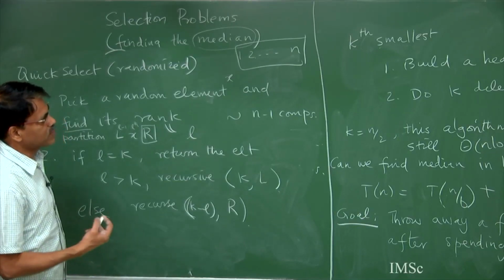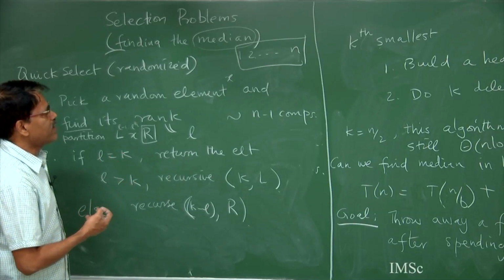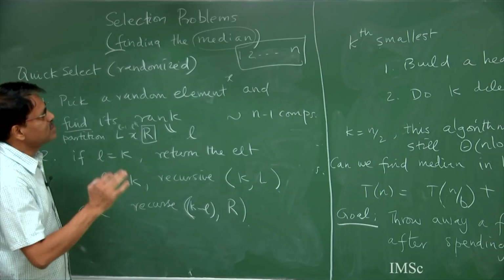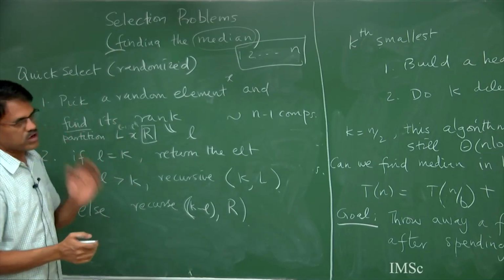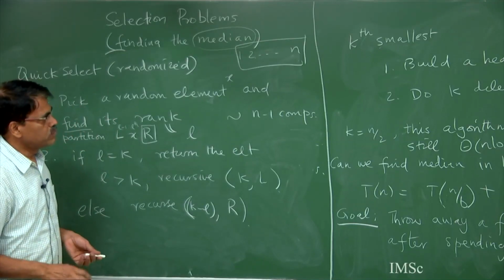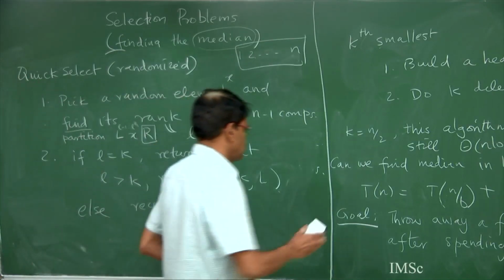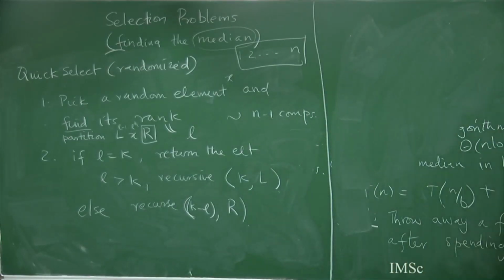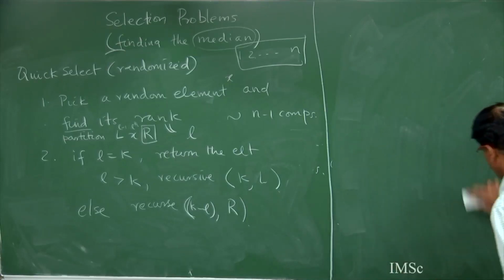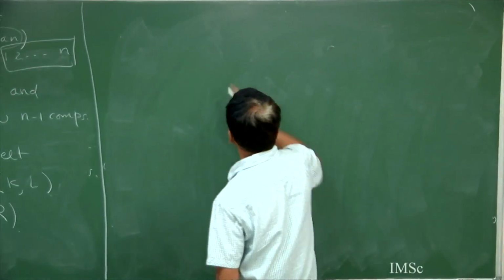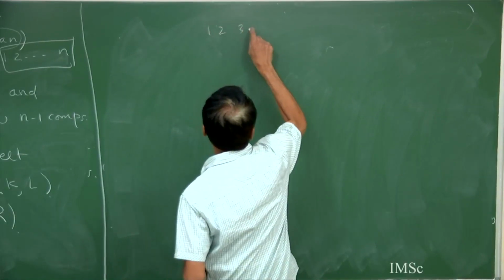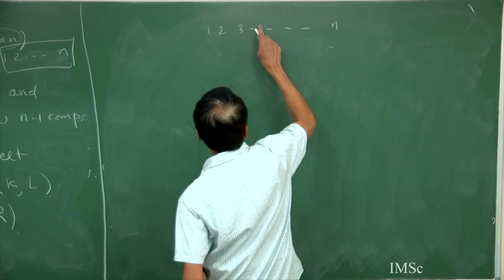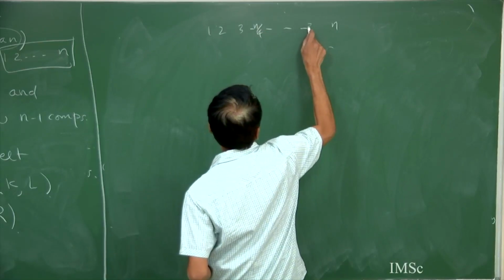But what is the probability, can somebody tell me, that I end up throwing away at least n over 4 elements in one shot? So, here is my, okay, so there is n by 4 and 3 n by 4.